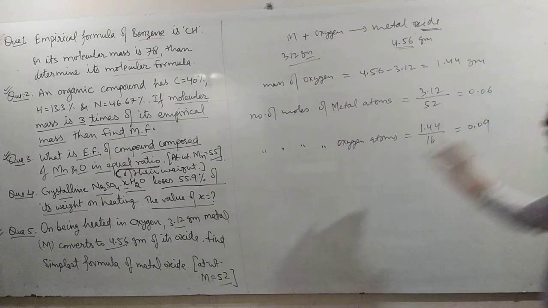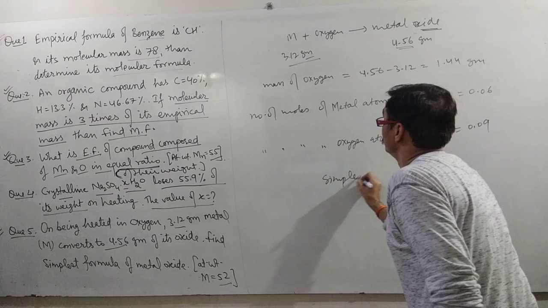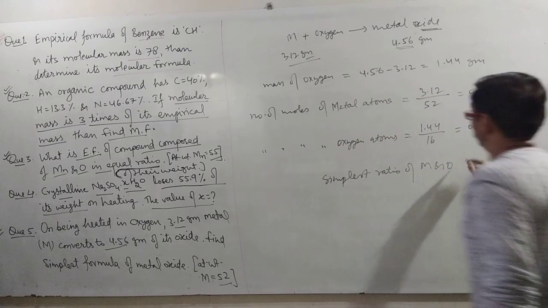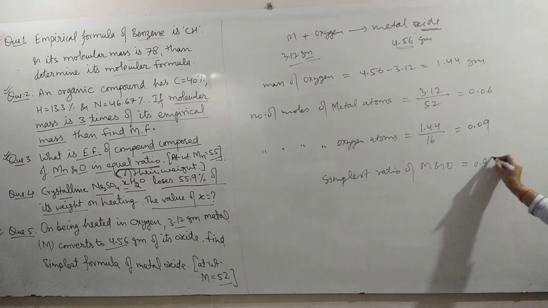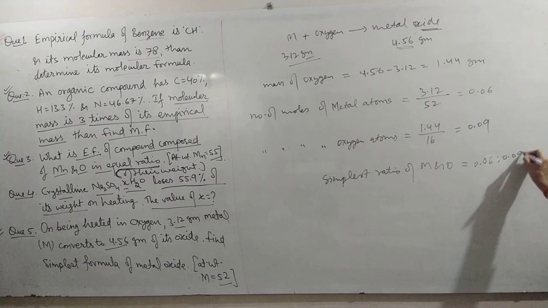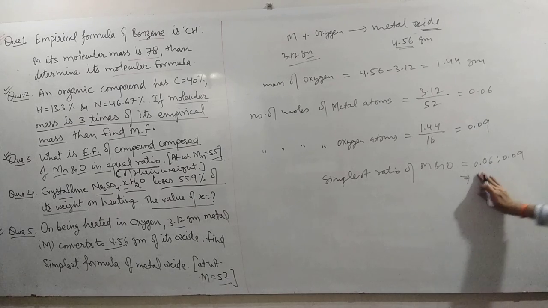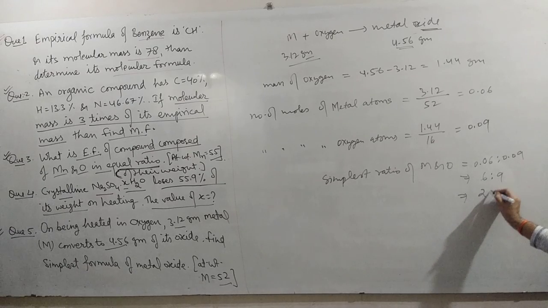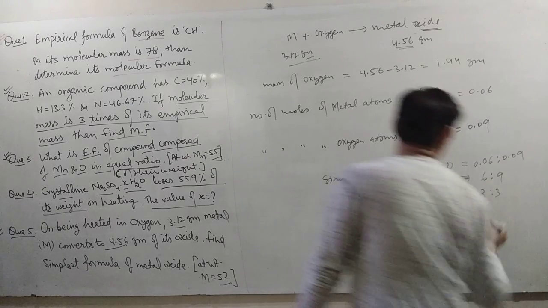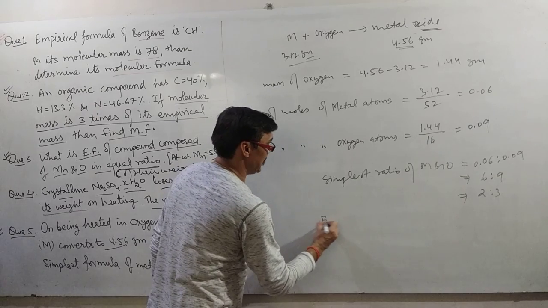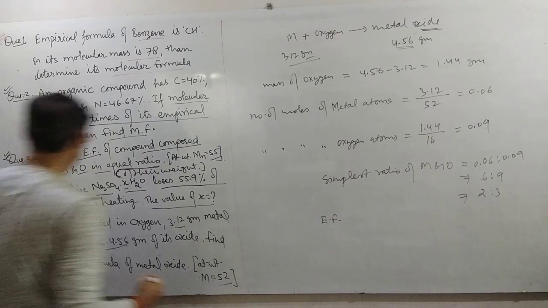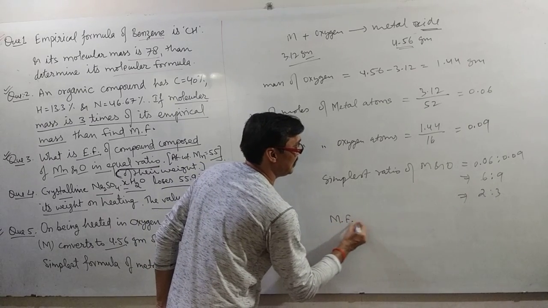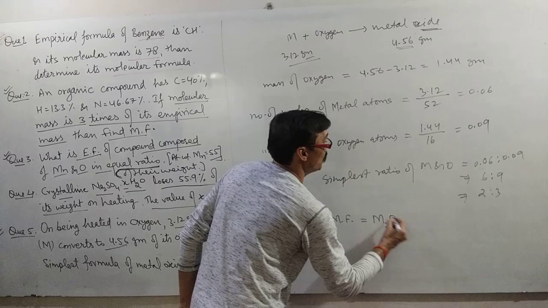So the simplest ratio of metal and oxygen will be 0.06 to 0.09, that is 6 to 9. Dividing by 3, it is 2 to 3. So the empirical formula or the molecular formula of the metal oxide is M2O3.